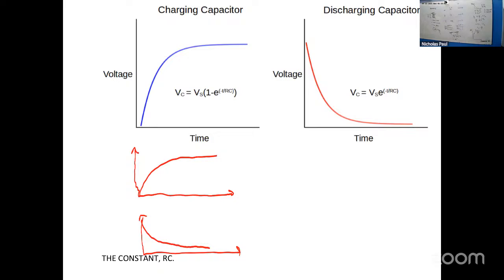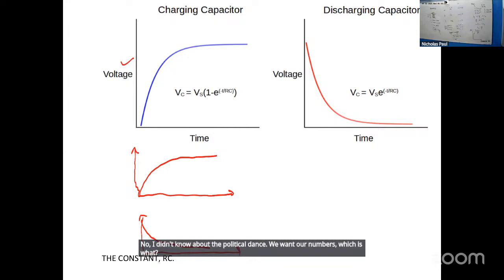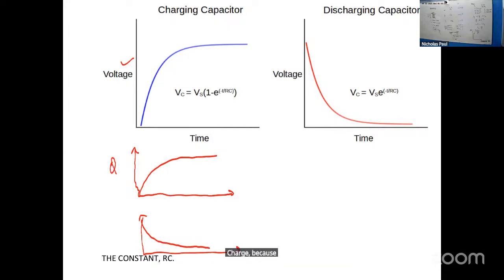Question. Which graph is the first one I drew? Voltage was there. The one under voltage is what? Charge, because charge starts at 0. So the formula would be Q is equal to Q naught times 1 minus e to the minus t over RC.